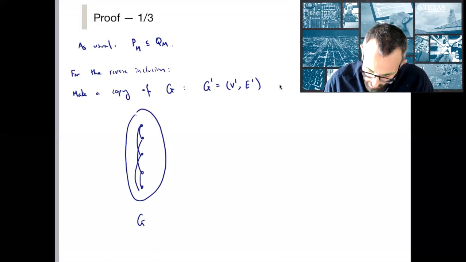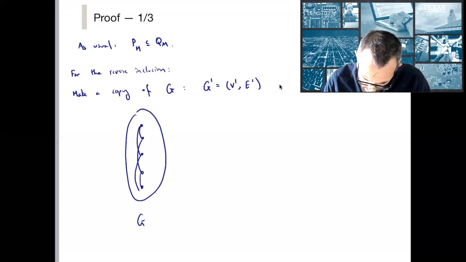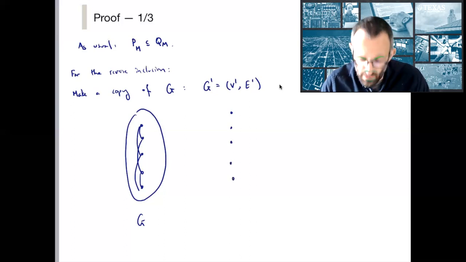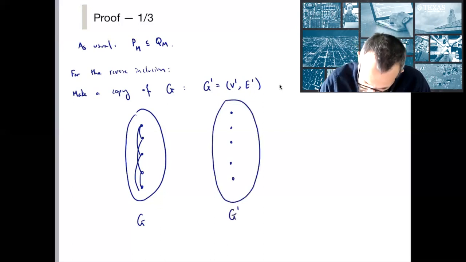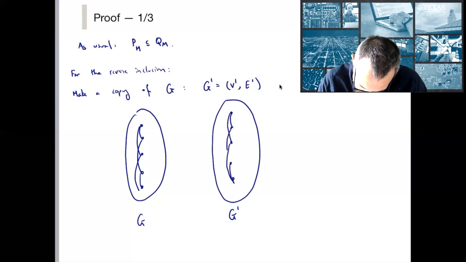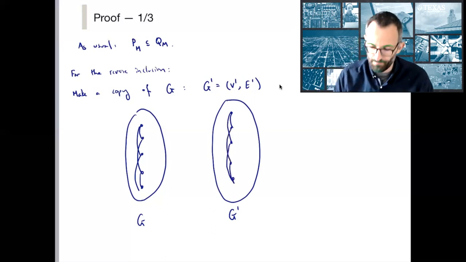That means that V dash is going to be a copy of all of the vertices. This is literally an exact copy. So this is G dash.